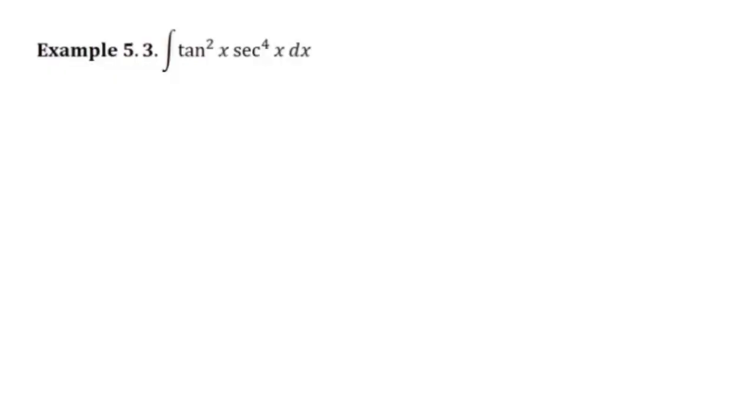Example 5.3, we have the integral of tangent squared x secant to the fourth x dx. So, ang titingnan natin dito sa type 3 ng integration involving powers of trigonometric function ay yung exponent ng secant. So, sinasabi doon sa rule natin, if n is even, so ang gagawin natin, we will express the term secant n minus 2 of theta secant square theta.